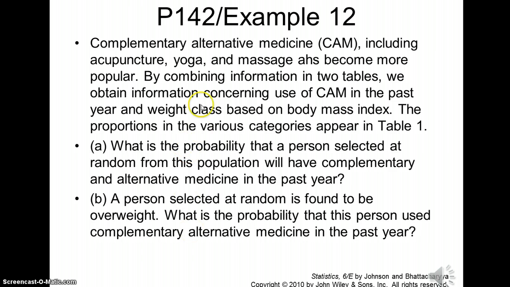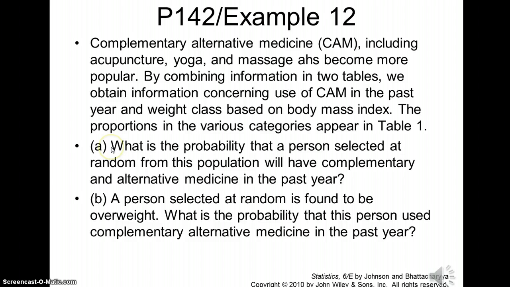These two questions are asking the same thing, but in part B there's an extra condition, one extra piece of information, that this person is already known to be overweight. But in part A, we don't know. It could be overweight, healthy weight, obese, or underweight. So that's the difference between these two questions.